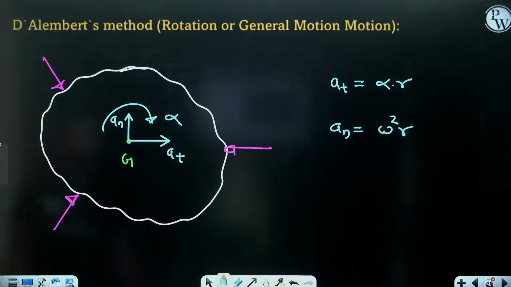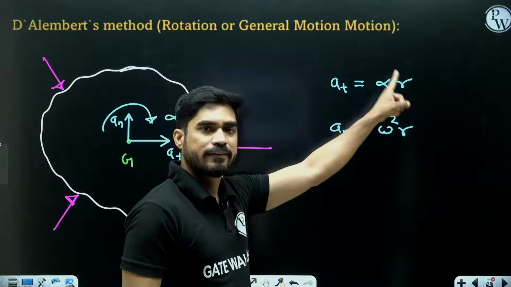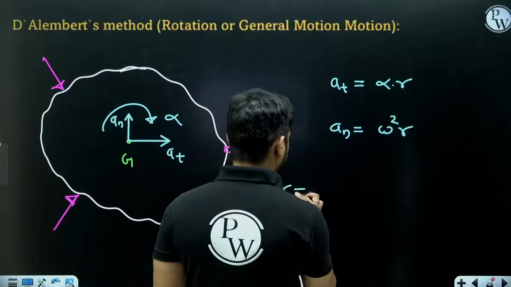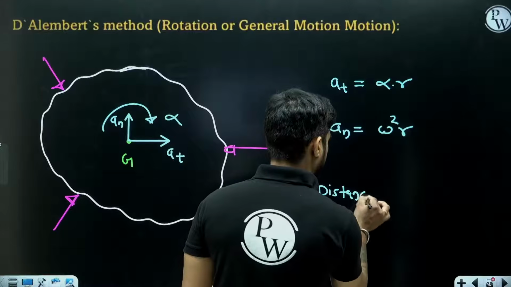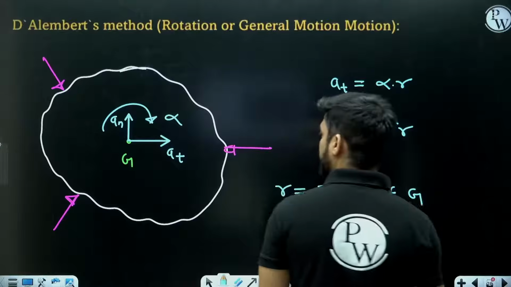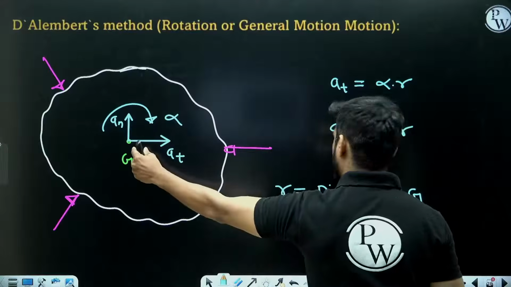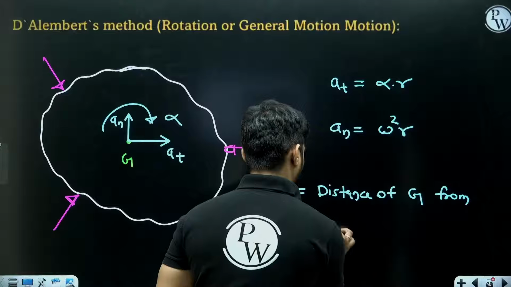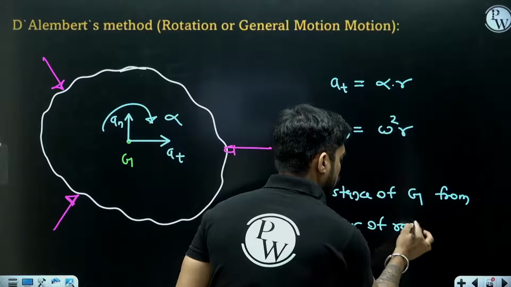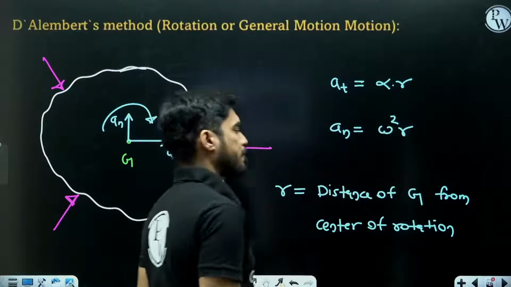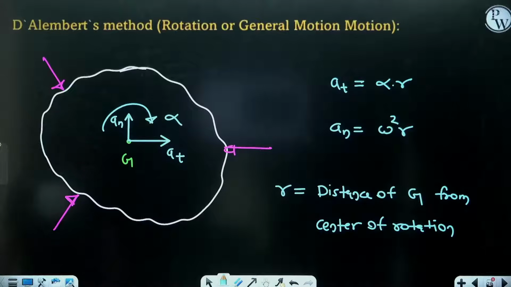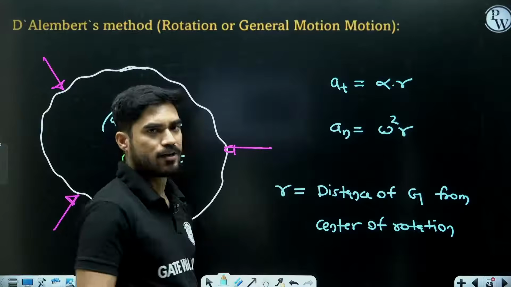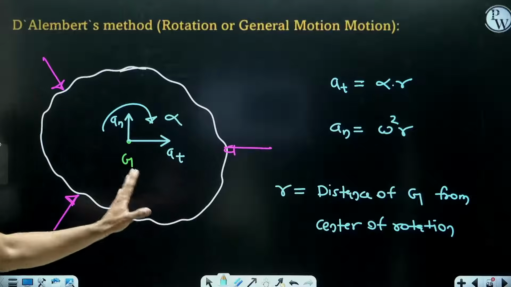AT is the tangential acceleration, which is alpha into r, where r is the distance of center of gravity from center of rotation, because we are calculating the AT and AN of center of gravity. So you need to know these directions.